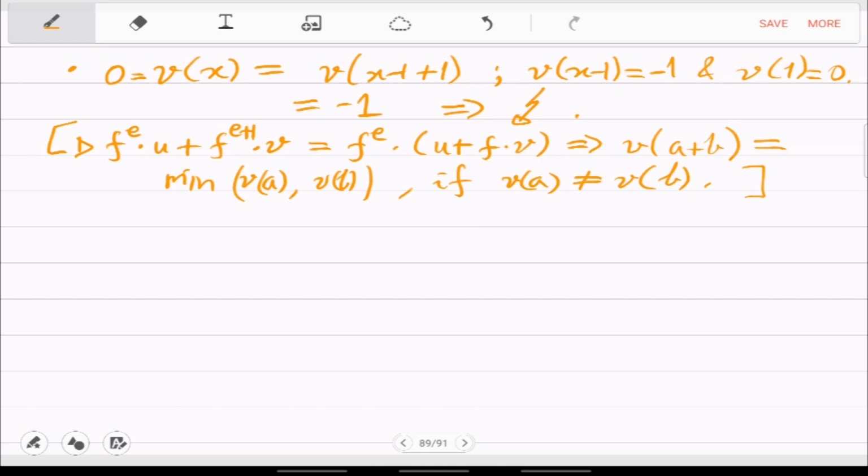We haven't shown it before, but we are showing it now, that actually the valuation of a sum is equal to the minimum as long as the two summands have different valuations. This is like a strong triangle inequality. Yeah. So now this is being contradicted above. Okay, you have -1 and 0. So you will pick -1, but LHS is 0. So yeah, that needed more proof. So thus 1 over x minus 1 can't define a valuation.